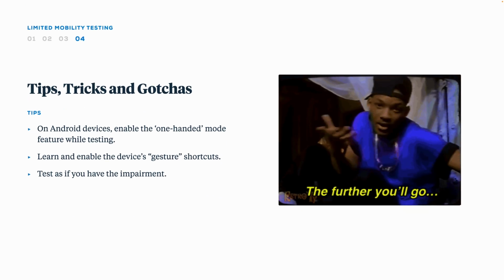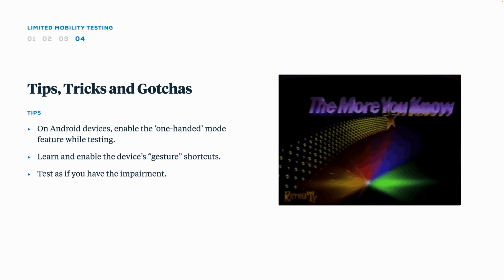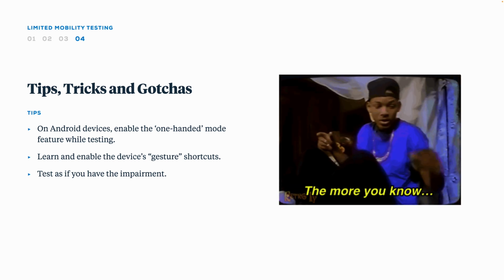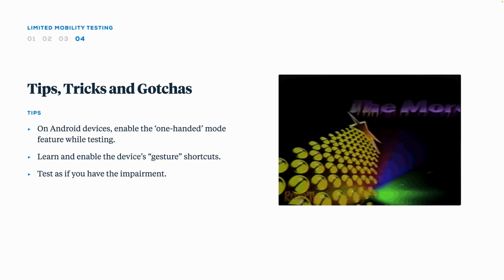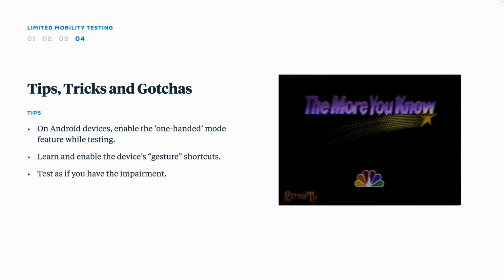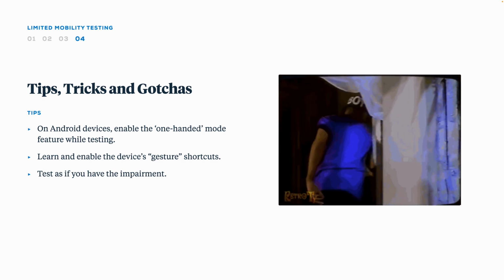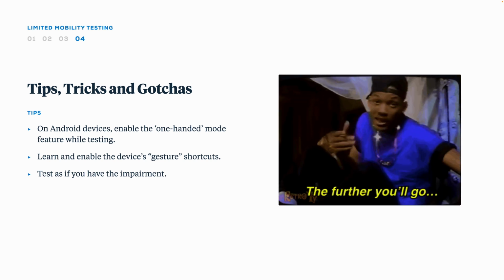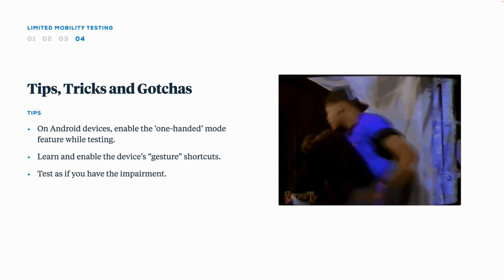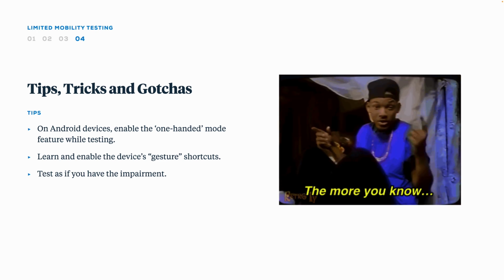So what are some tips that I've learned when testing limited mobility? Well, like I said, on Android devices, you can actually enable one-handed mode, which will give you that feature for testing. You can also learn and enable the device's gesture shortcuts so that you don't have to actually use two hands, you can use one hand. And also, you should test as if you have the impairment.